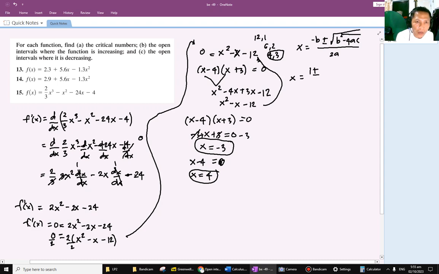So plus minus the square root, and then you have b squared. Your b is negative 1 still, negative 1 squared minus 4 times a, which is 1, and then c is a negative 12.